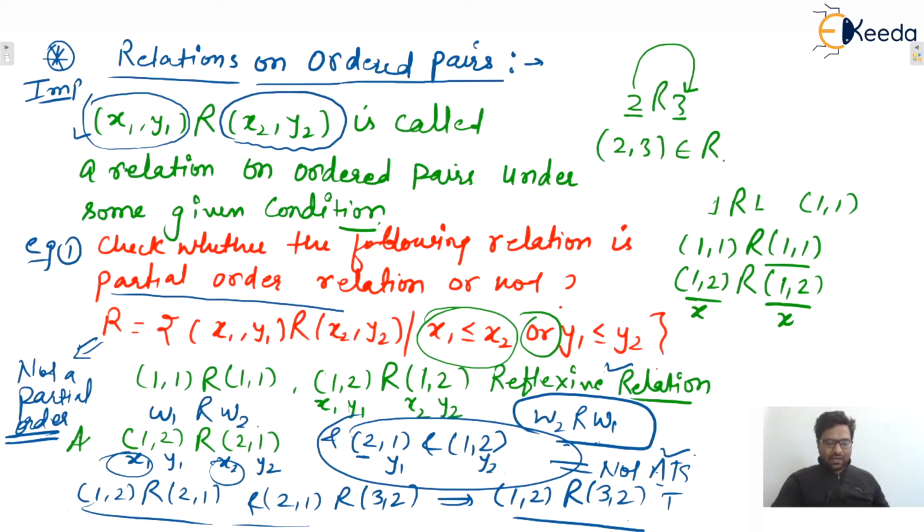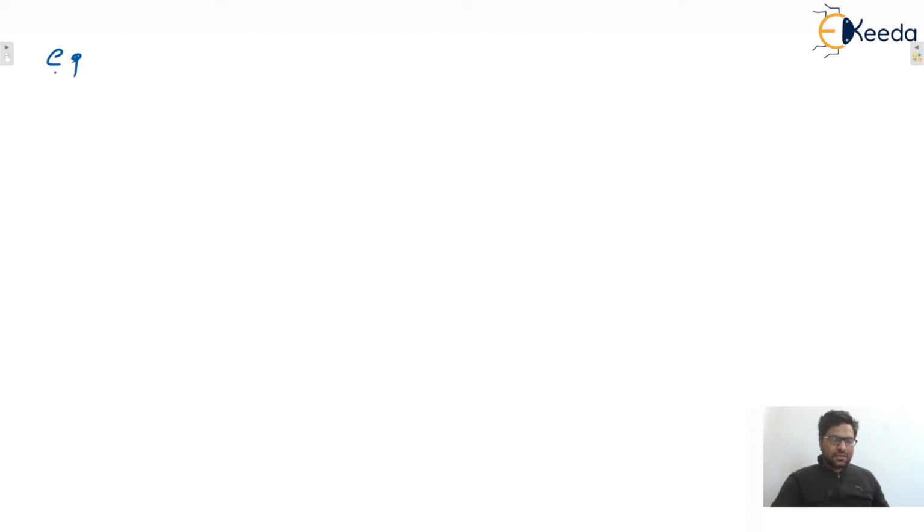Okay, similarly, next example. Let's say a relation is given to you: (x1, y1) is related with (x2, y2) when nothing is given about x and y, then the default domain is what? Real numbers, isn't it?